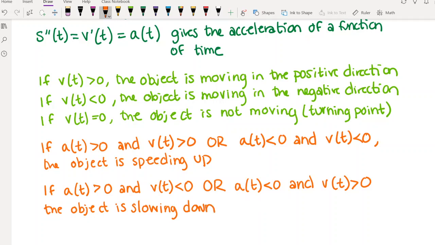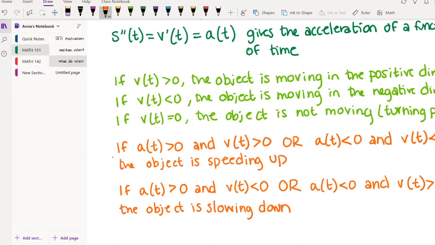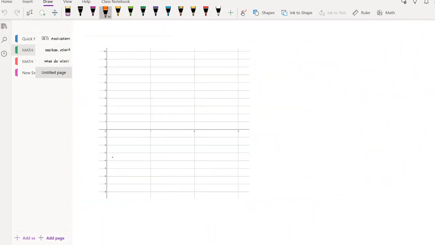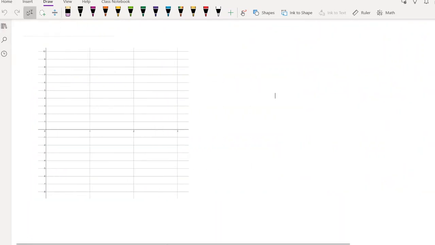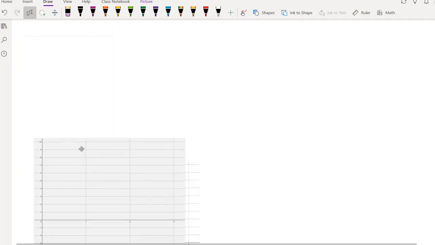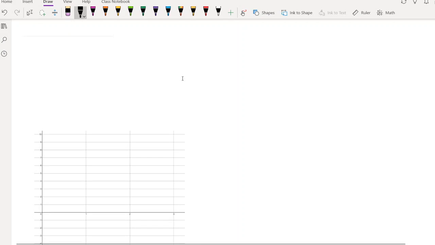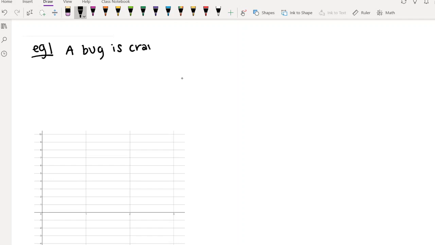Okay, so I want to do one more example using these ideas. So let's say that we have a bug crawling on a stick.